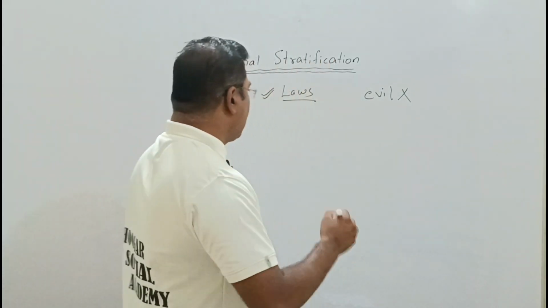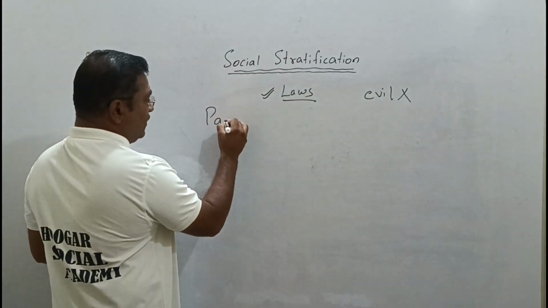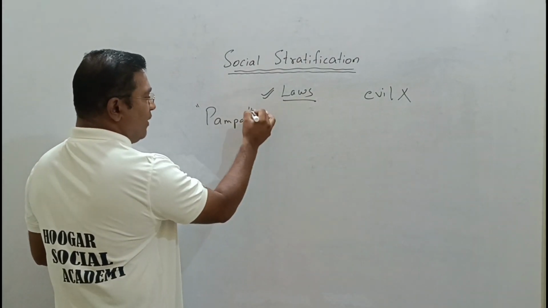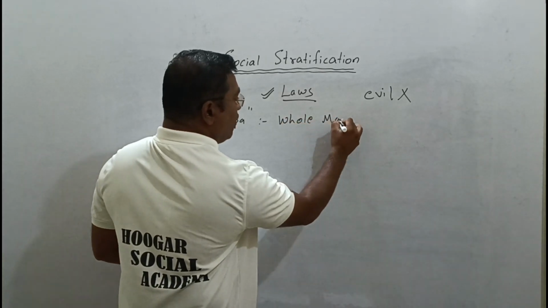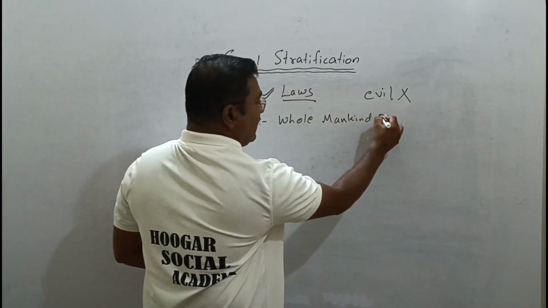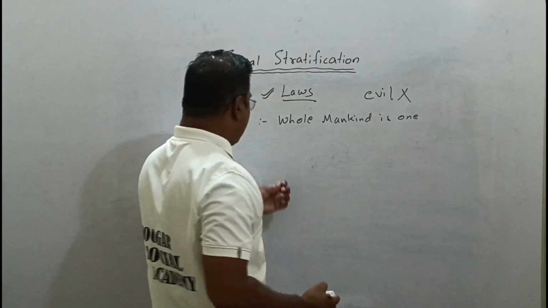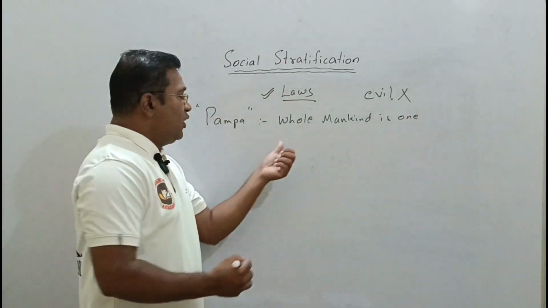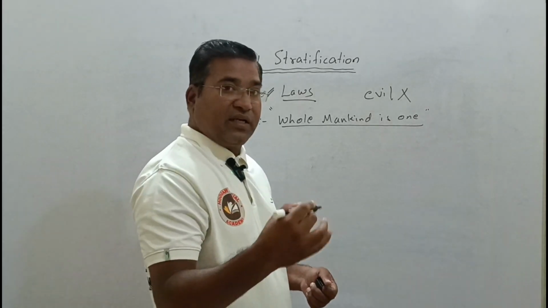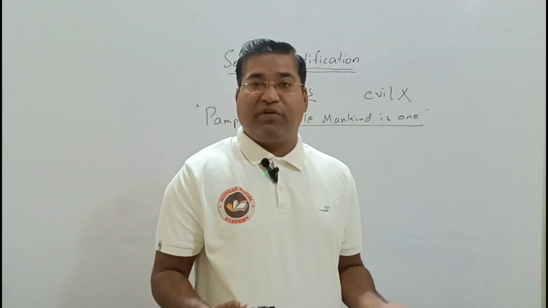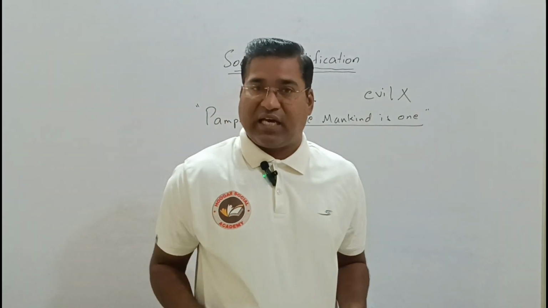Our great poet called Pampa says, whole mankind is one. According to the great poet Pampa, whole mankind is what? It is one. But when we look at society, we find that there is no such thing.